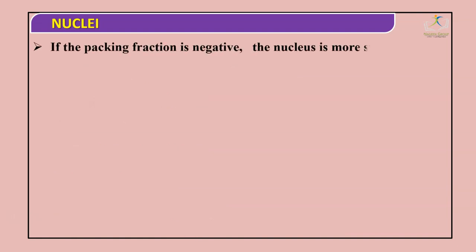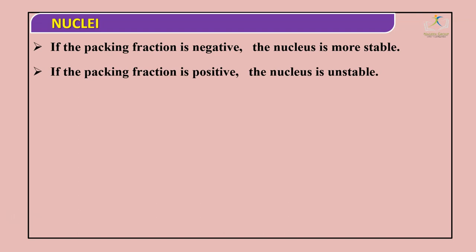If the packing fraction is negative, then the nucleus is more stable. If the packing fraction is positive, the nucleus is unstable. And if the packing fraction is 0, that is only applicable for carbon, 6C12.